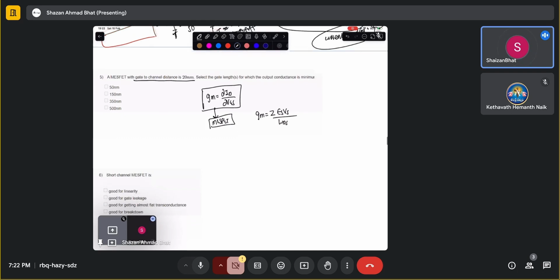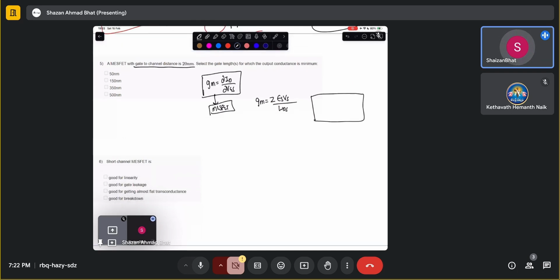So actually, the notation he has used is something like this: if you have this device and this is the source, this is the drain, and you have a depletion region like this, then this is called WDS. This is, let's call it, B distance. Let's call this whole distance A. Let's call this distance WDD.